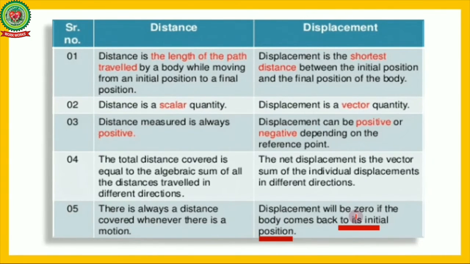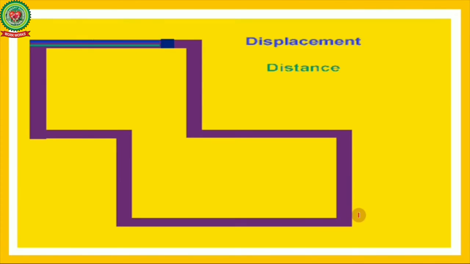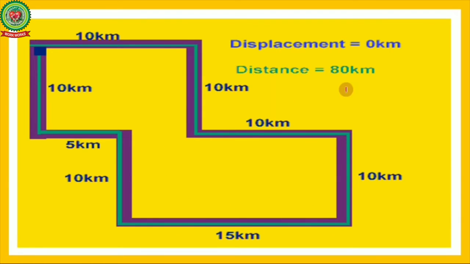So displacement can be 0 also. We can see in the same example, this is the total distance traveled by the body, and its value is 80 km. But as the initial and final positions are the same, therefore displacement is 0 km.